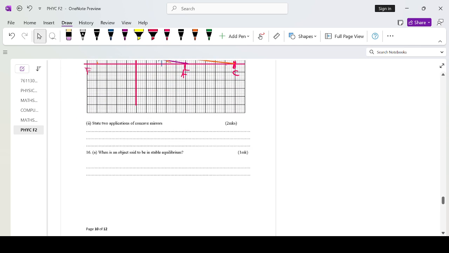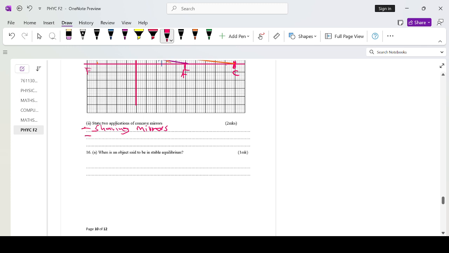State 2 applications of concave mirrors. One application of concave mirrors is in shaving mirrors.